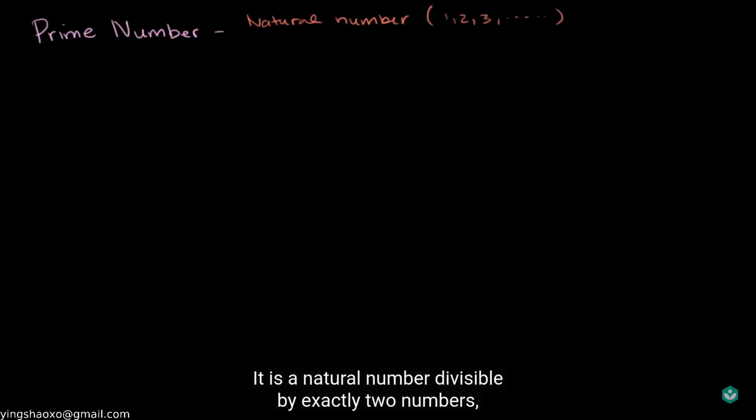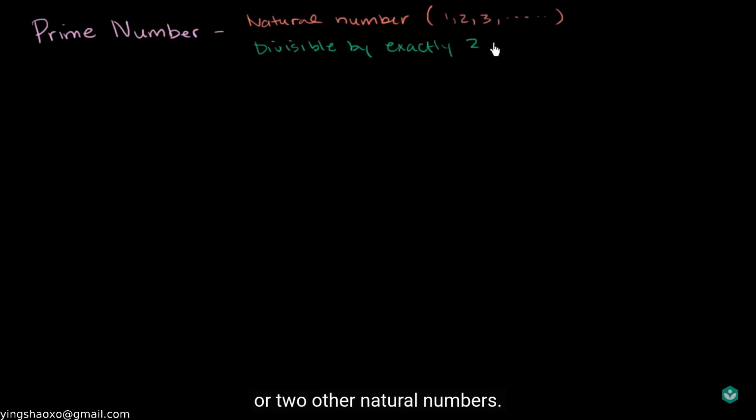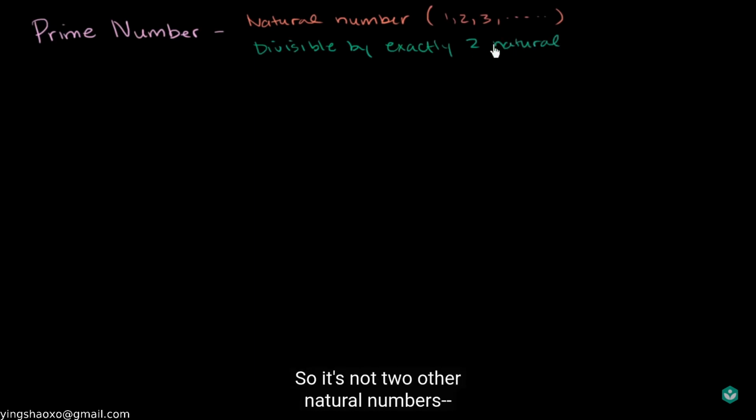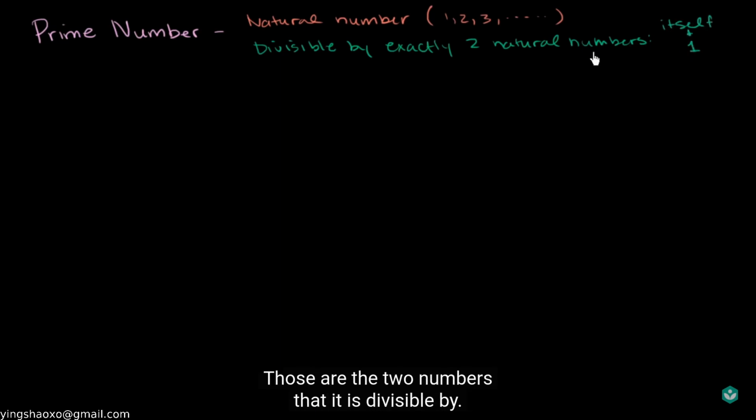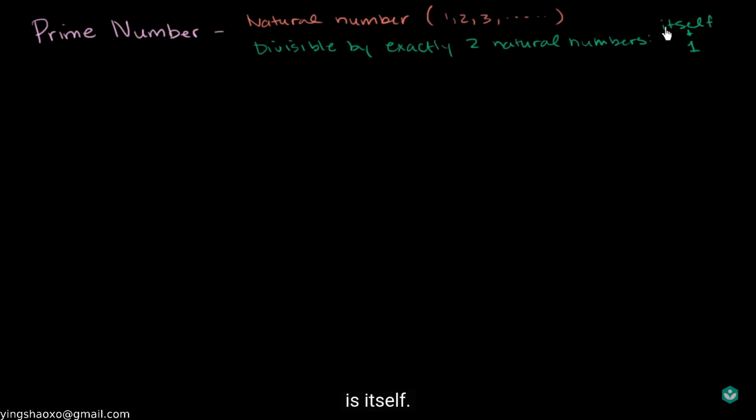It is a natural number divisible by exactly 2 natural numbers. Actually, I shouldn't say 2 other natural numbers, I should say 2 natural numbers. One of those numbers is itself, and the other one is 1. Those are the 2 numbers that it is divisible by. And that's why I didn't want to say exactly 2 other natural numbers, because one of the numbers is itself.